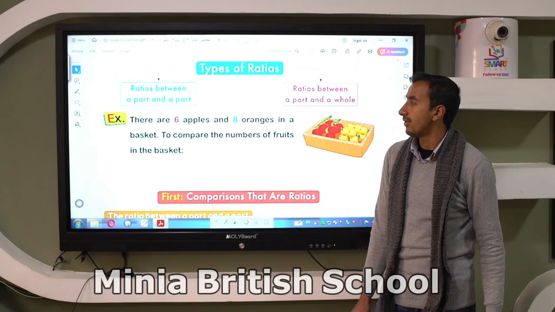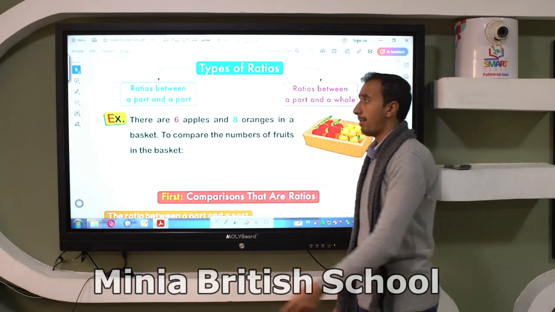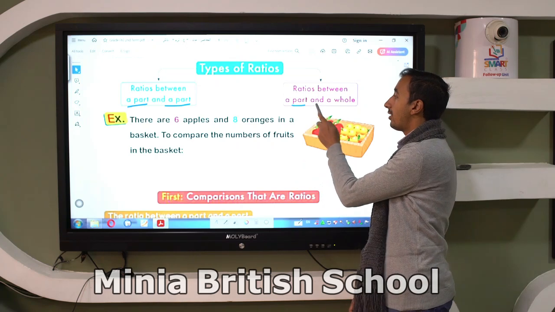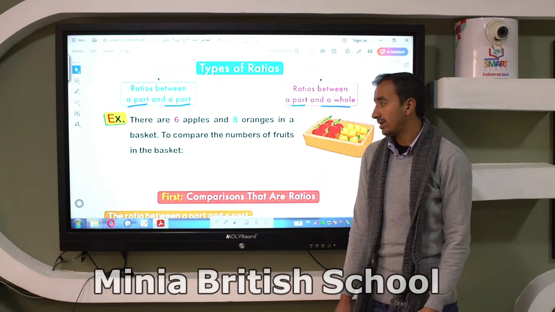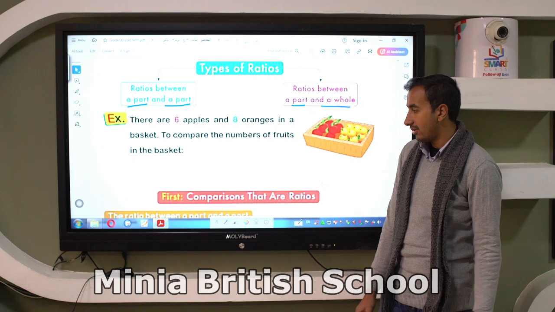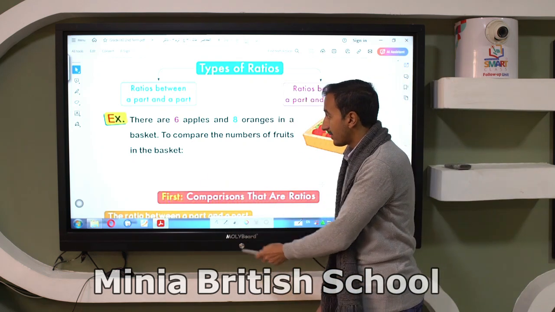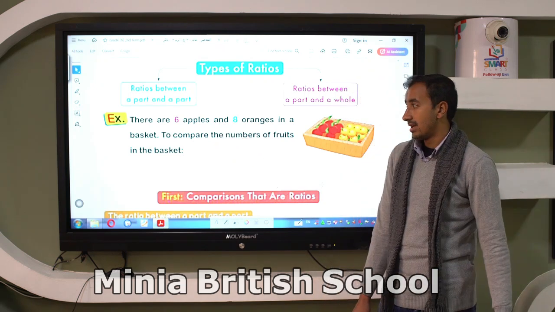Here we have the types of ratio: the ratio between a part and a part, or the ratio between a part and a whole. What is the difference between them? Here is an example. There are 6 apples and 8 oranges in a basket.